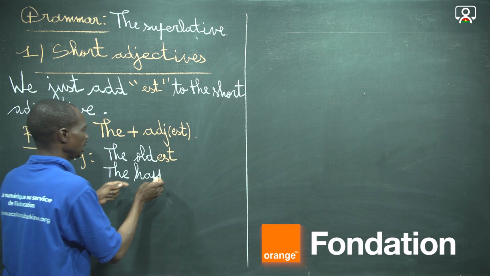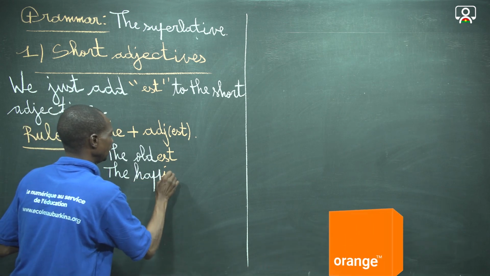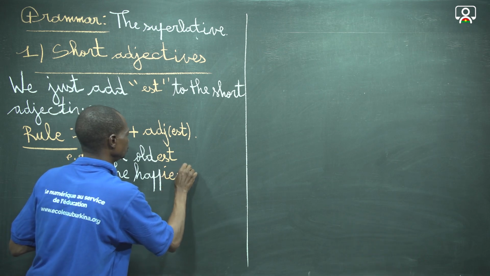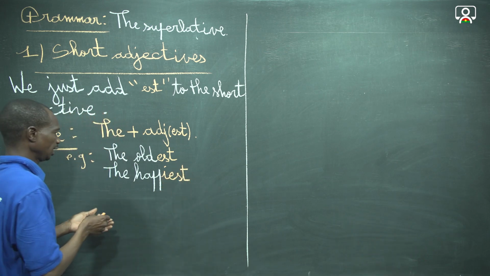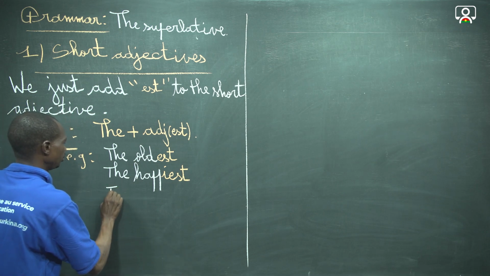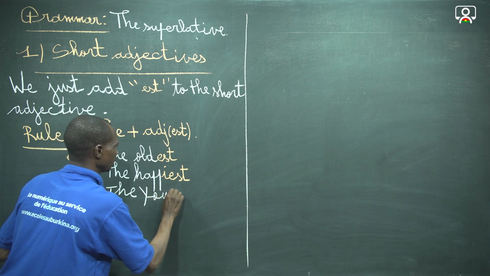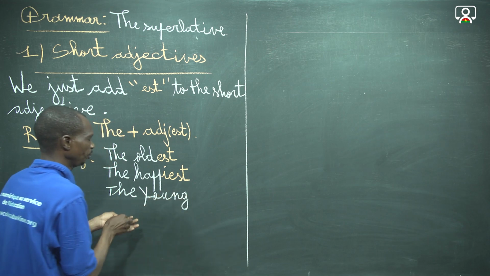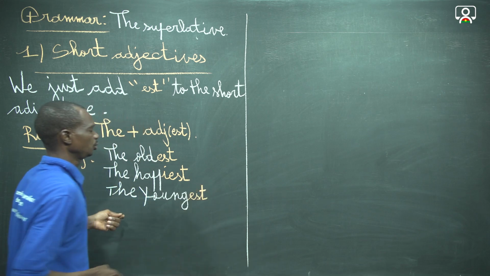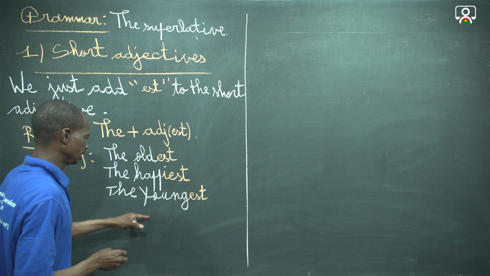In this case, the adjective ends in y, so we replace the y with i before we add est, which means le plus heureux. Another example, the youngest. Here we have young, then we add est to get the superlative, which means le plus jeune.